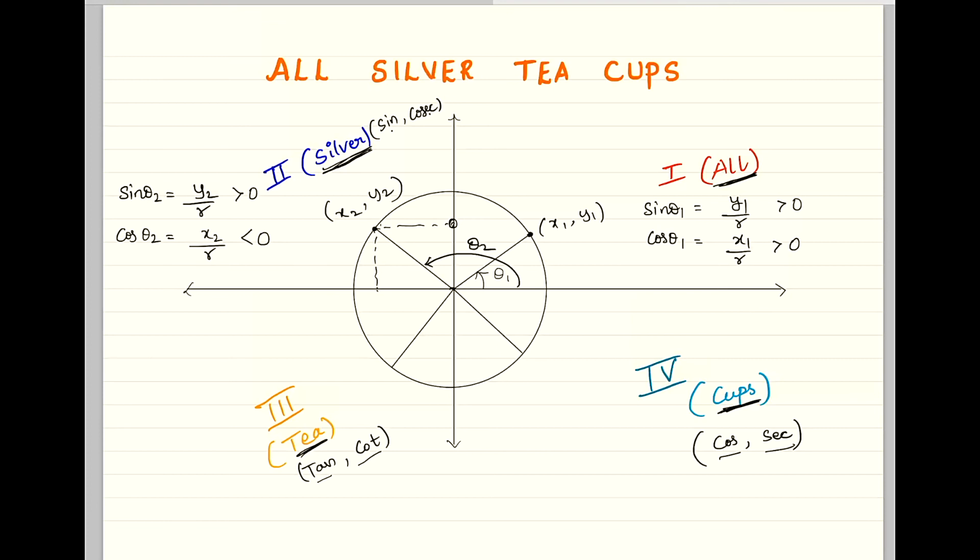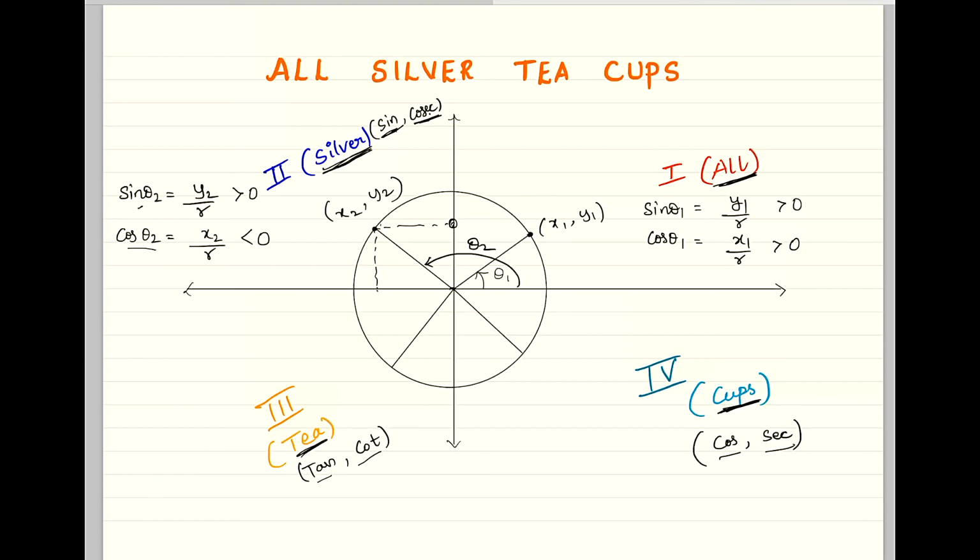Now if sin is positive and cos is negative, then tan will be negative, because tan is sin by cos. Positive by negative gives you negative. If tan is negative, cot is also negative, and if cos is negative, secant is also negative. So except sine and its reciprocal, all of the other trigonometric ratios will be negative. Therefore in this quadrant only sine and cosecant will be positive.